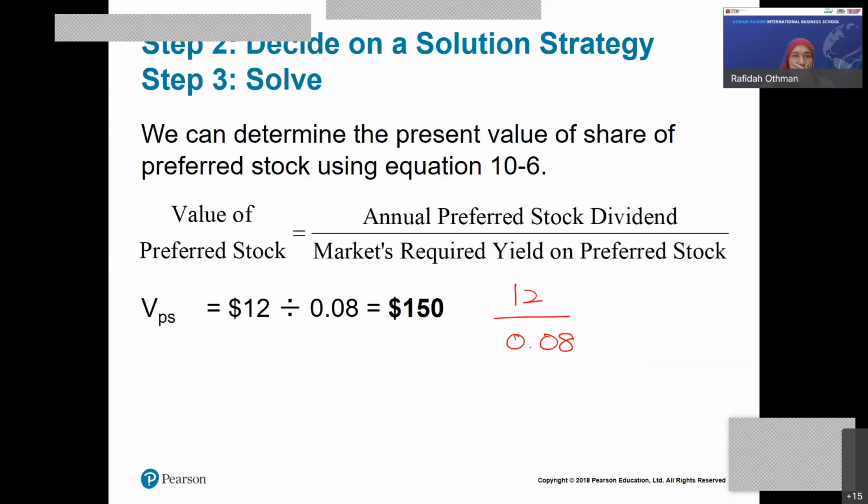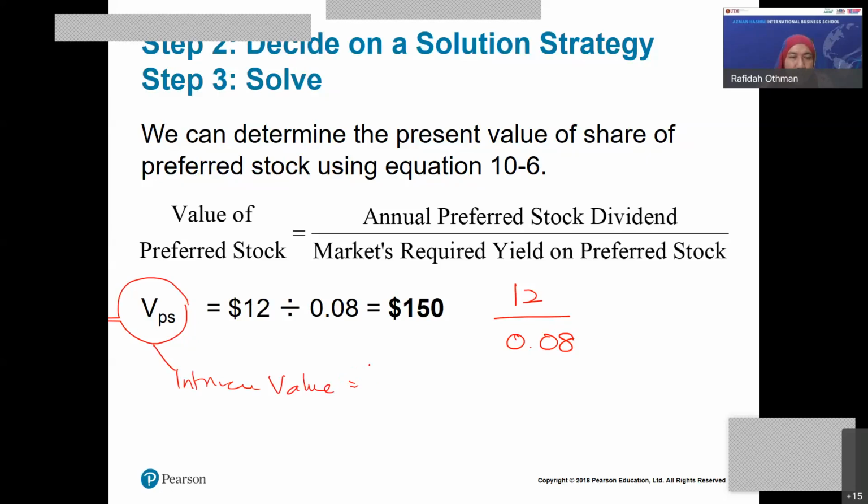This value is now being calculated by the company, correct? No, this is you as an investor. But there will be some price for the preferred stock in the market, right? Yes, this is the price in the market. So this is the intrinsic value, similar to what you calculated for common stock just now.